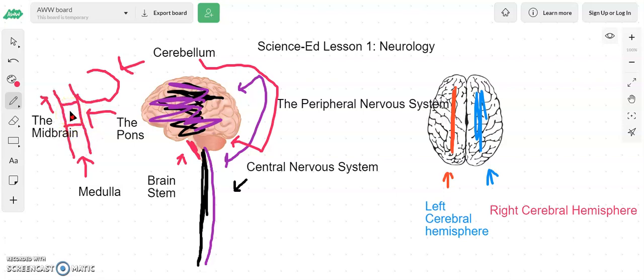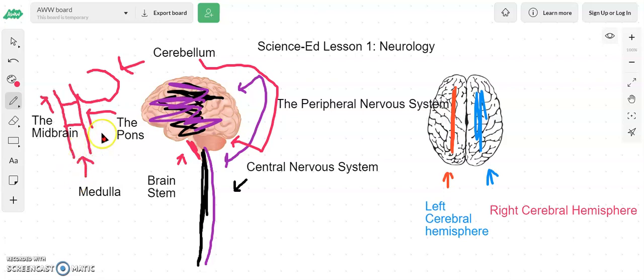It controls the amount of air you breathe and how many times a minute you take a breath, known as the breathing rate. The medulla right here controls important things like your heart rate and blood pressure. So remember, the midbrain controls eye movement, the pons controls the breathing rate, and medulla controls heart rate and blood pressure.